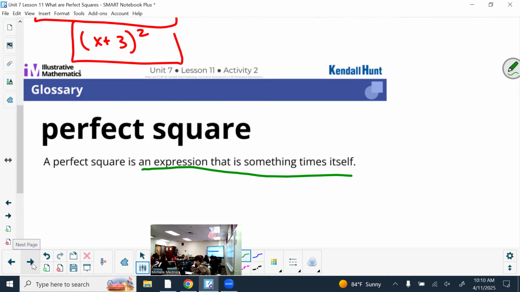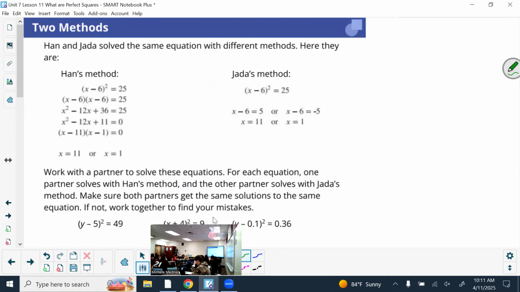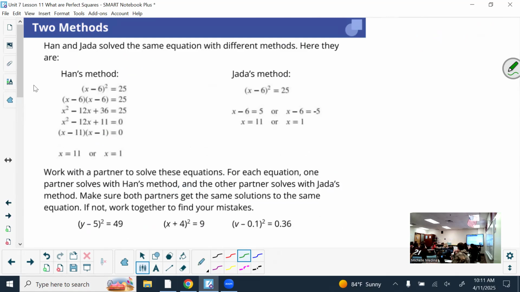All right. Now, being able to see that there's a perfect square of a linear expression helps you in solving sometimes. So take a look at my screen or your paper, it's on the paper too. Han and Jada solved the same equation with different methods. Here's what Han did.